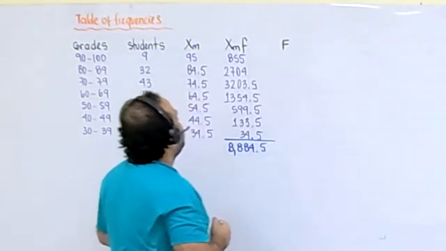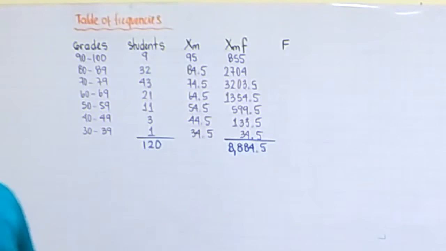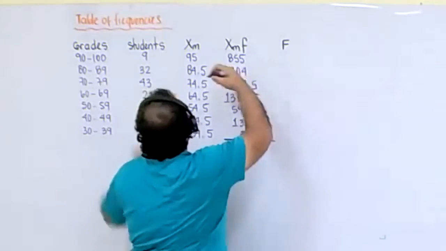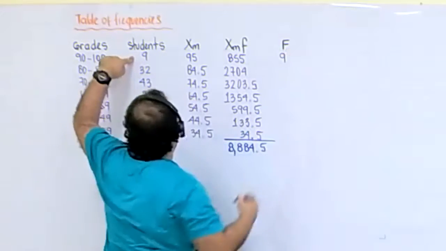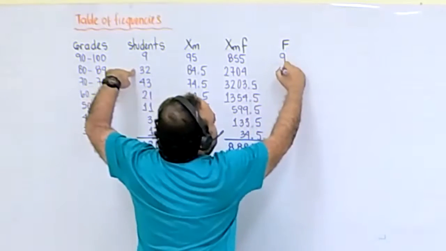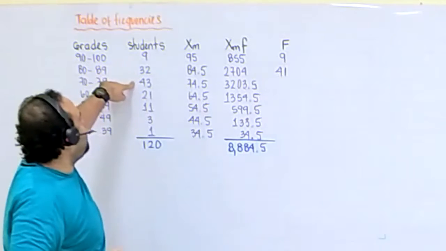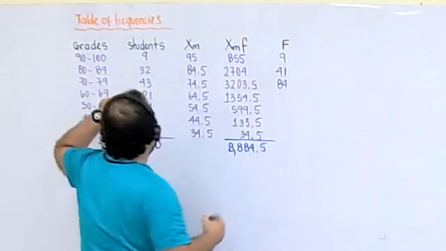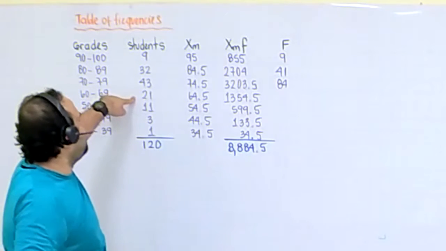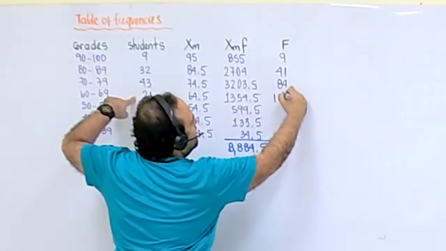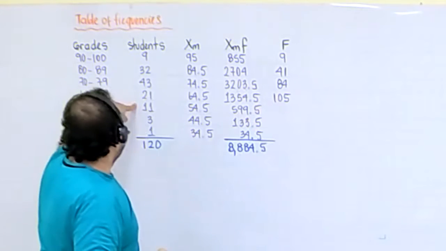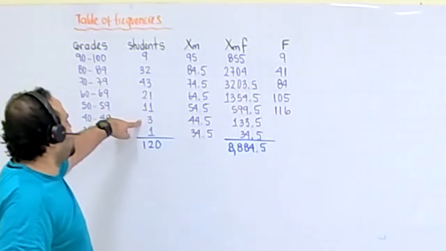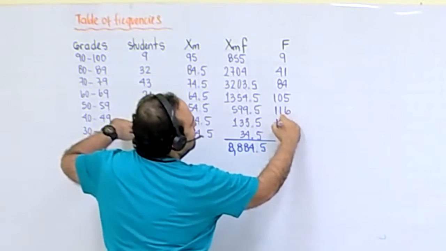In the accumulated frequency, remember the explanation that always the first value of the absolute frequency will be the accumulated frequency. For that reason, I'm going to copy the number 9. The next one will be 41. The next one will be 84. 84 plus 21 will be 105. 105 plus 11 will be 116. 116 plus 3, 119.